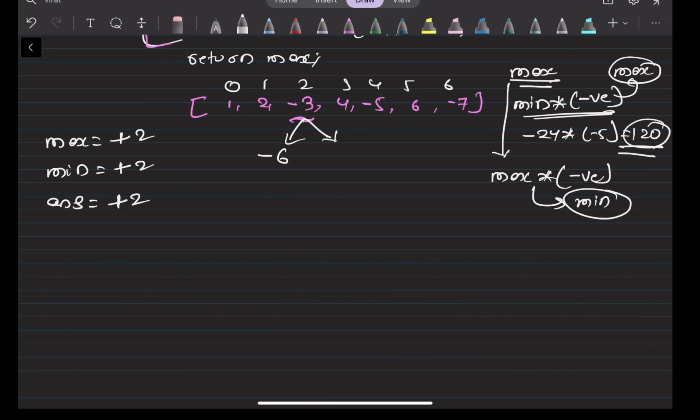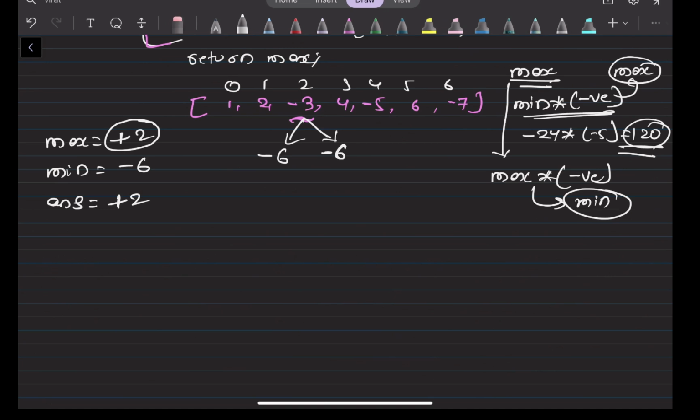When I multiply min by minus 3, I will get minus 6. So what do we have to do in this case? We will select, can I say that my maximum will be plus 2 only, but my minimum will become minus 6, right? So we have updated our minimum to minus 6.